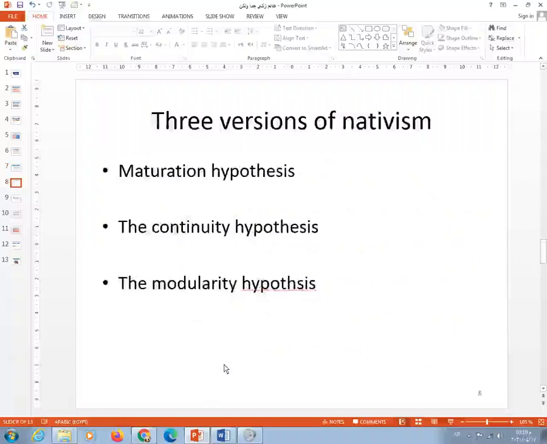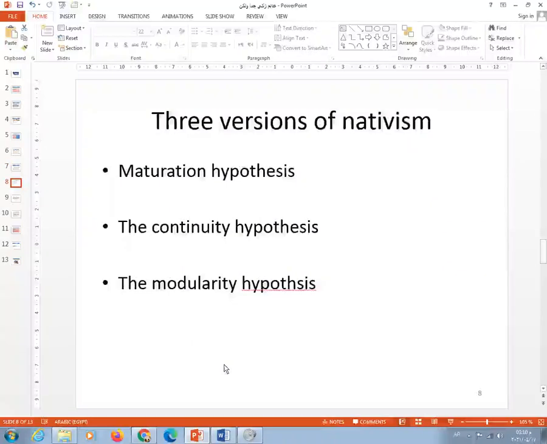Let me talk about the first one, which is the maturation hypothesis. This is proposed by Borer and Wexler and Clahsen, and they say that the innate principles of universal grammar mature over time in much the same way as a child's body grows and matures.